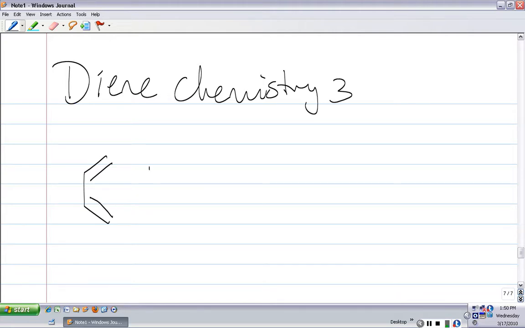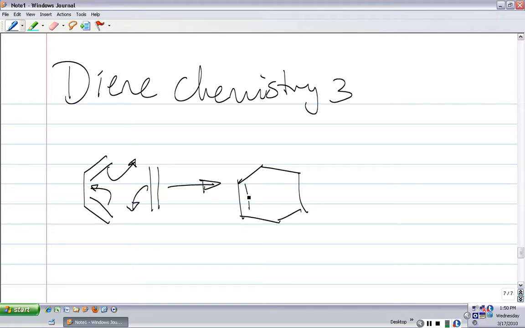it's easy to see that a diene can react with an alkene as a dienophile, and we end up getting as our product the corresponding cyclohexene. That's fairly straightforward to follow. And even if there were groups attached to my diene, let's say I had a methoxy group here and a methoxy group here, and a cyano group here and a cyano group here, this would be a very facile Diels-Alder reaction, because I've activated both the diene and the dienophile.